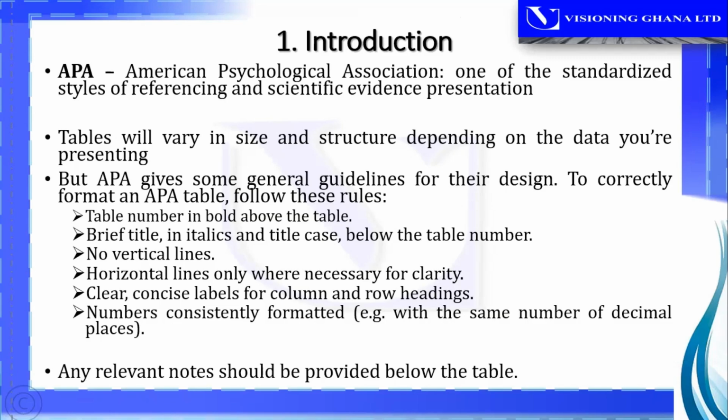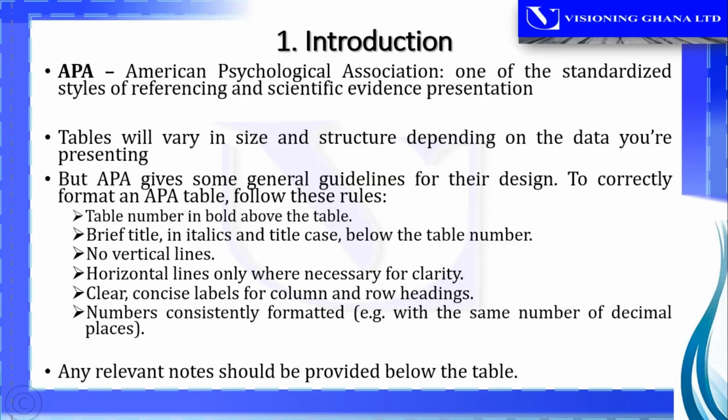So writing in APA, tables in APA, references in APA. So we are going to convert the output tables into APA. And the APA stands for American Psychological Association. So it is one of the standardized styles of referencing and then scientific evidence presentation.